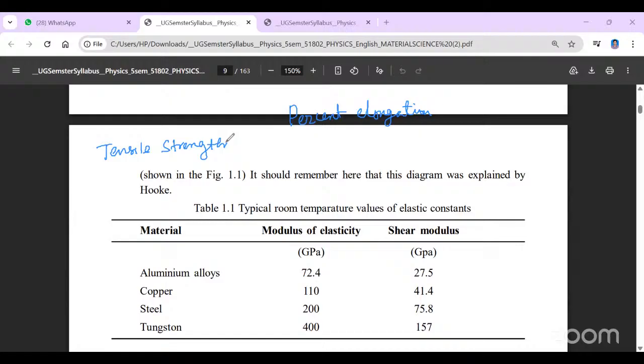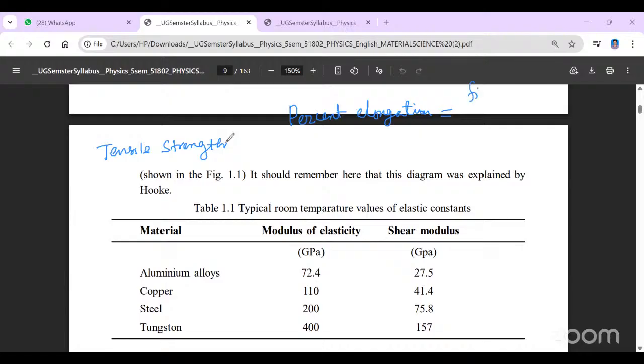This process gives the value of ductility. Generally, we can define percentage of elongation as the difference between the final length and the initial length, divided by the initial length.